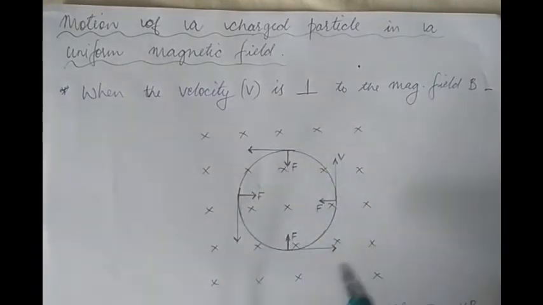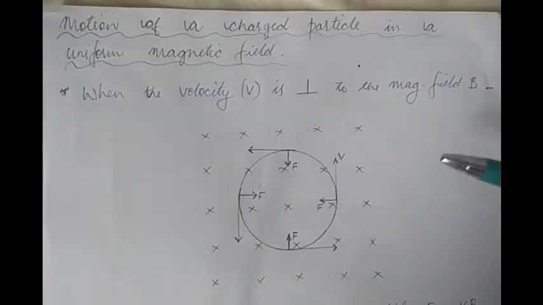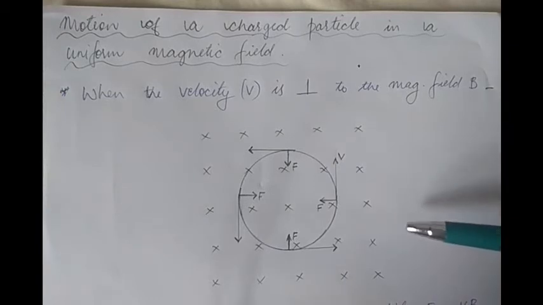And these crosses are telling us that the magnetic field is perpendicular to the plane of the paper, but going inward. We could also have magnetic field being represented by these dots. Now these dots are also telling us that the magnetic field is perpendicular to the plane of the paper, but coming perpendicularly outward.